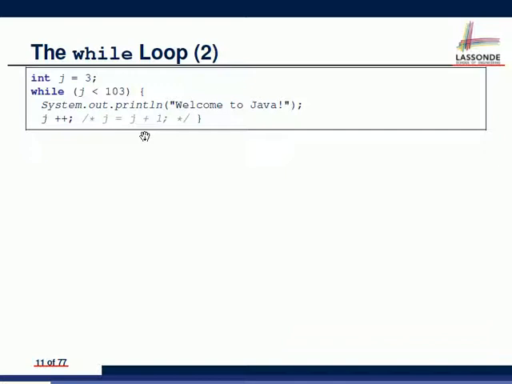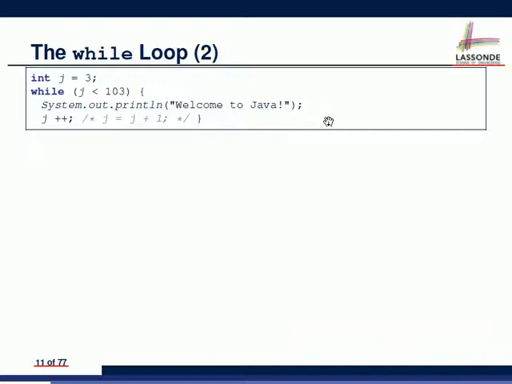Before that happens, we're going to keep printing out, welcome to Java. How many times are we going to print this out? The first loop counter will be 3, 4, 5, up to 102. So we go from 3 to 102.